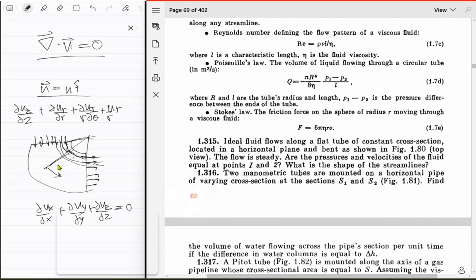But anyway, this is 0 for this distribution. This is 0 because the radial speed is 0 in any case. Was it ut upon r or what? Why can't I remember it? I don't think it was ut, it was more like ur, right?